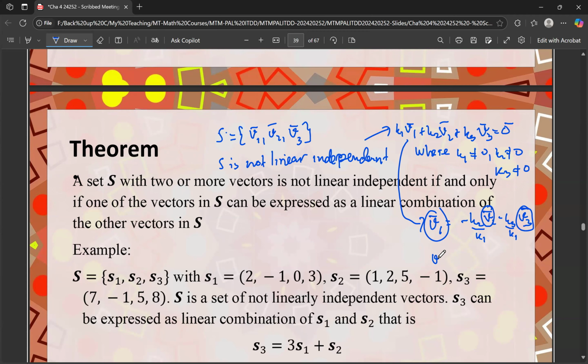Likewise, v2 can be a linear combination of v1 and v3, and v3 can be a linear combination of v1 and v2. So if we do not have linear independence, this must happen.